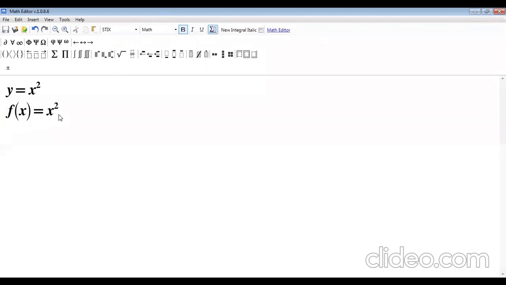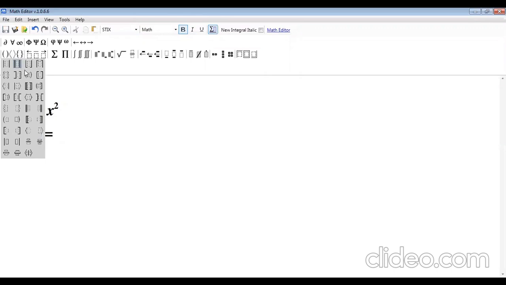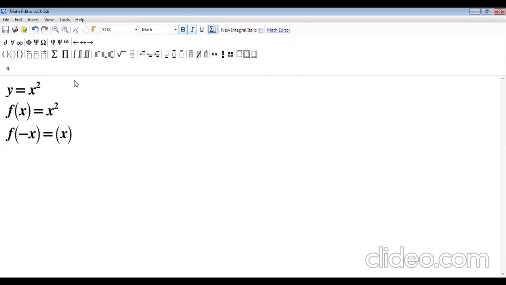Now, suppose we take f of minus x. Then what will be the value? Bracket minus x whole square, right?